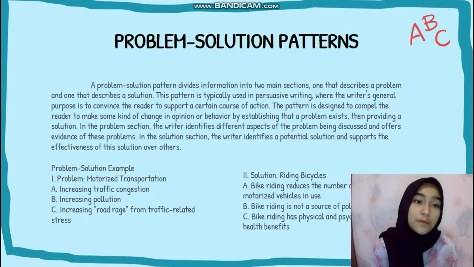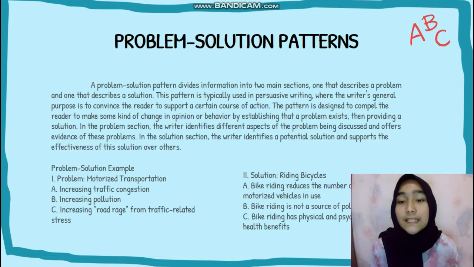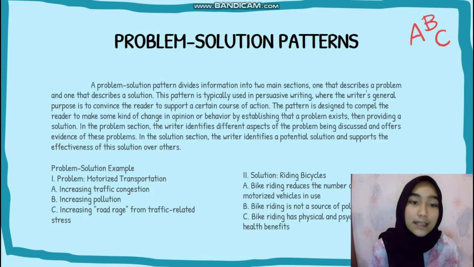In the problem section, the writer identifies different aspects of the problem being discussed and offers evidence of these problems. And in the solution section, the writer identifies a potential solution and supports the effectiveness of this solution over others. For example, the problem is motorized transportation. A. Increasing traffic congestion. B. Increasing pollution.